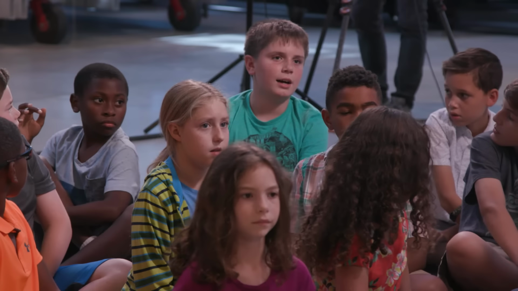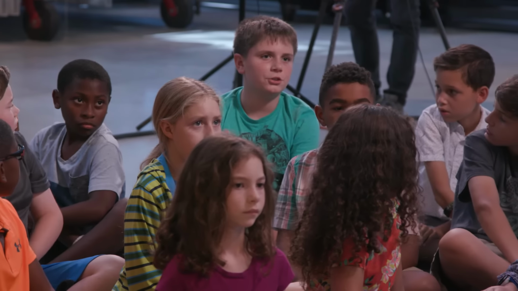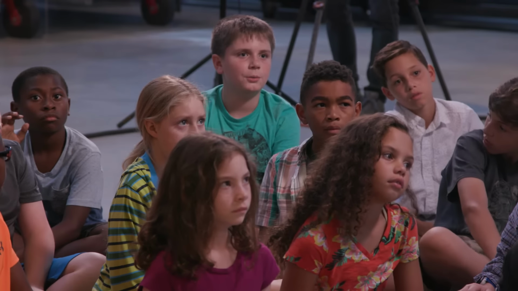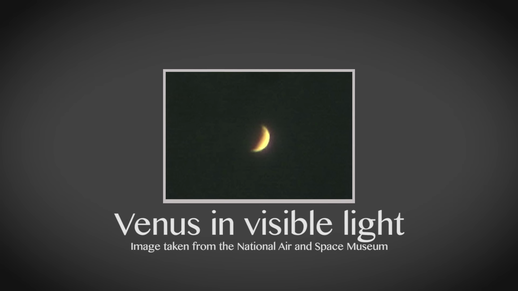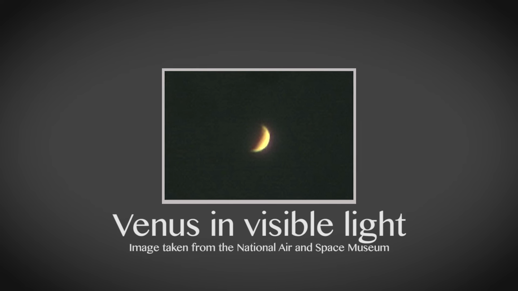If Venus's atmosphere is so thick, how did the sonar map the surface without the atmosphere getting in the way? So the atmosphere of Venus and of any thick atmosphere planet, the particles and the gases block visible light. So our eyes can't see through it.